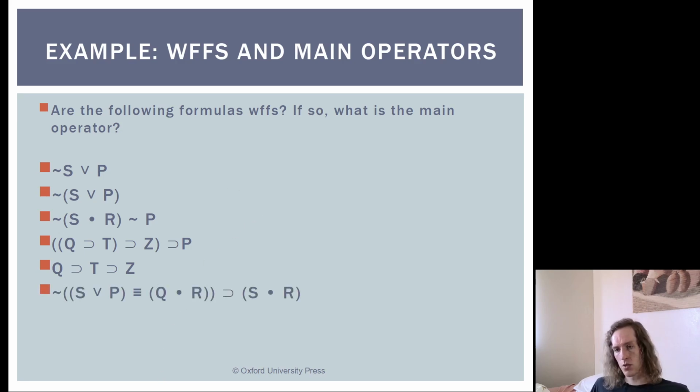All right. This one is going to be a little bit more complex. So first thing to do here is look at all our parentheticals. So we've got this parenthetical that connects these two. Great. We've got this parenthetical that connects these two. Good. This parenthetical that connects S or P. Great.